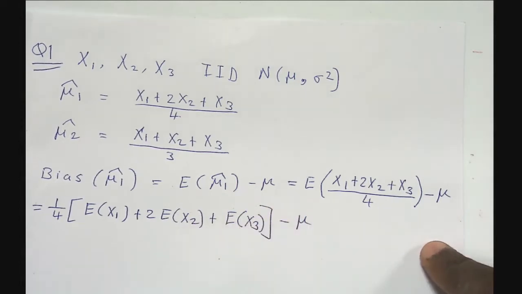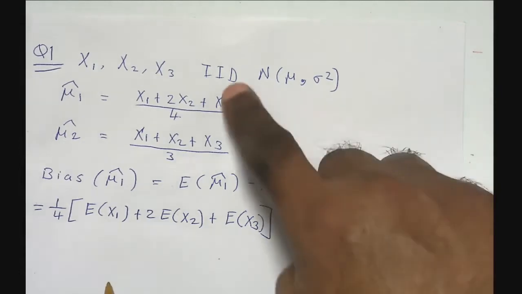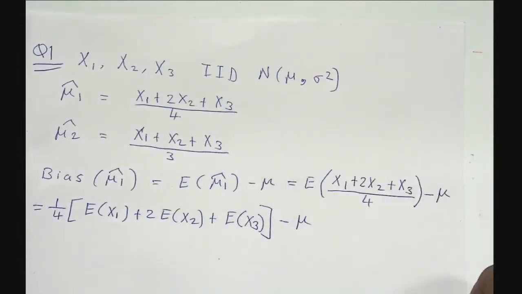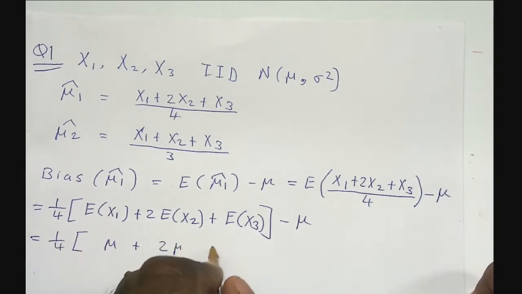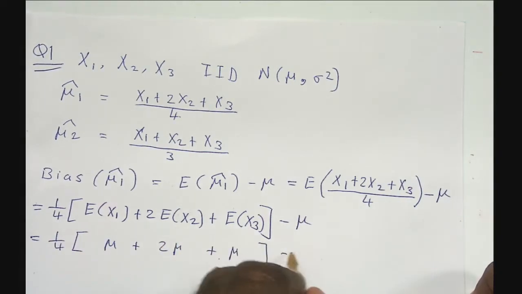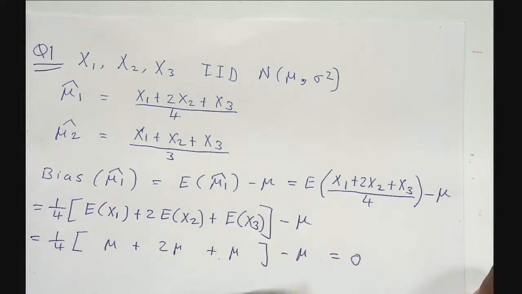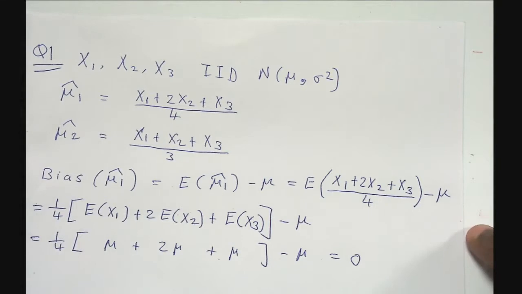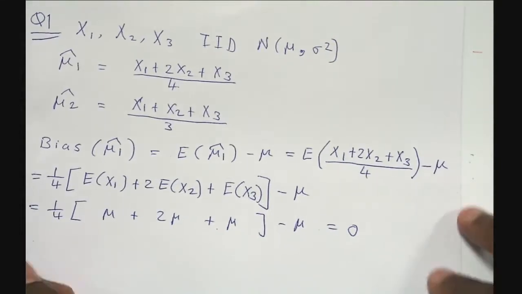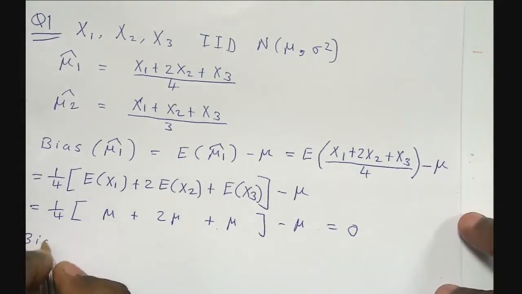Now each of these expectations is equal to mu because of this assumption, right? So this would be a quarter times mu plus 2 mu plus mu minus mu, which is equal to 0, of course. So the bias of the first estimator is 0, which is a good thing. All right. Now let's do the same for the second estimator.